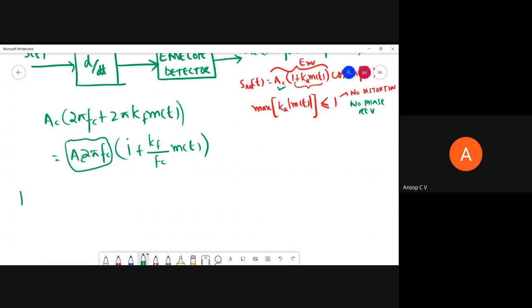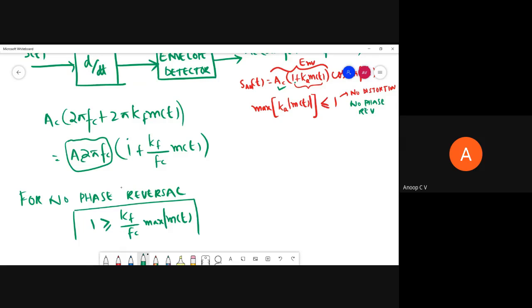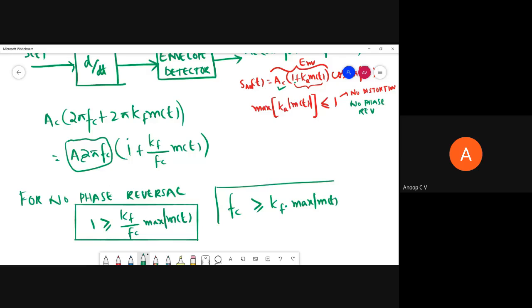So I'll write, for no phase reversal, the condition is that 1 should be greater than or equal to Kf by Fc times max of m of t, or else I can write Fc should be greater than or equal to Kf times max of m of t.